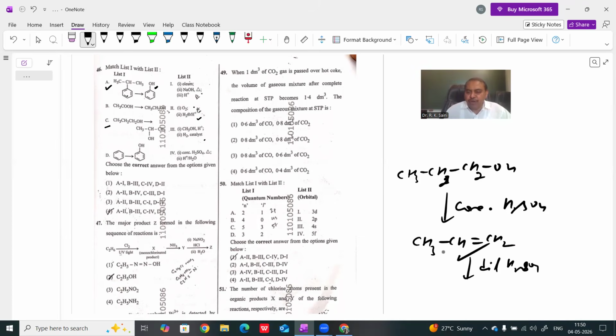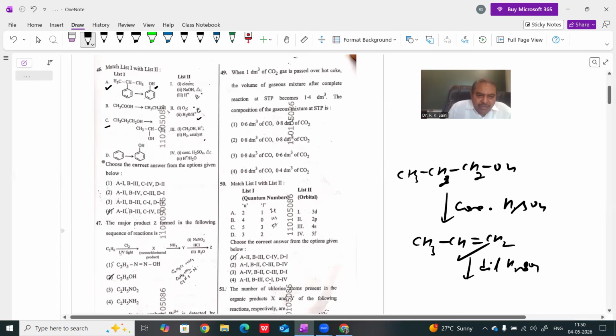And hence, according to Markovnikov rule, propene changes into 2-propanol. And in the last, option D, benzene changes into phenol. It is the laboratory method of preparation of phenol by use of oleum, then making the salt and heating. And hence D first.